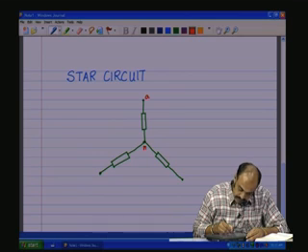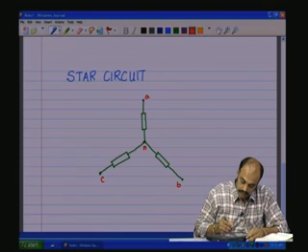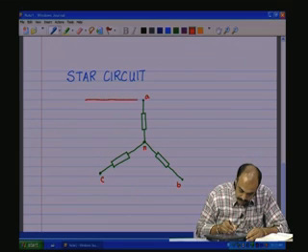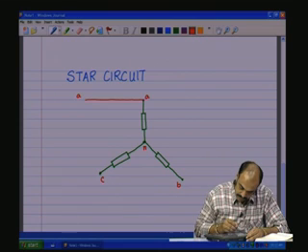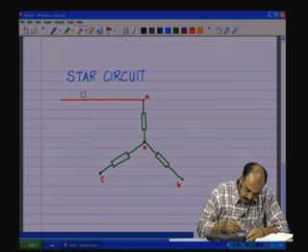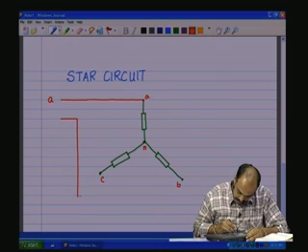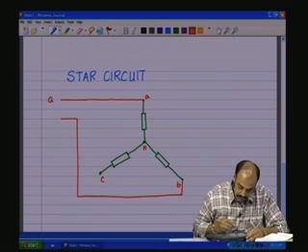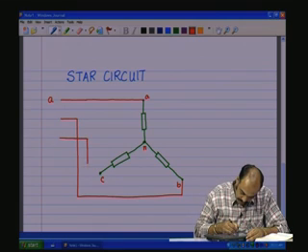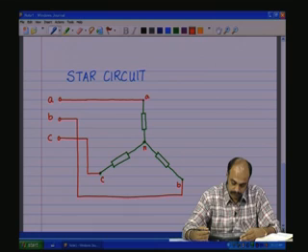So, let us call this terminal A, this the neutral point N, this terminal B, this terminal C. And to these terminals you are applying the voltages A, B, C. A gets connected to A, B gets connected to B, and C gets connected to C. So, A, B, C are the 3 terminals of the 3-phase load which are brought out.